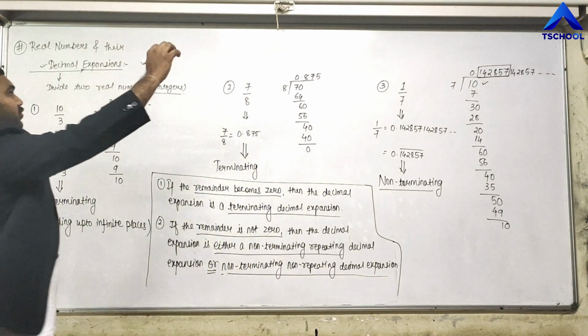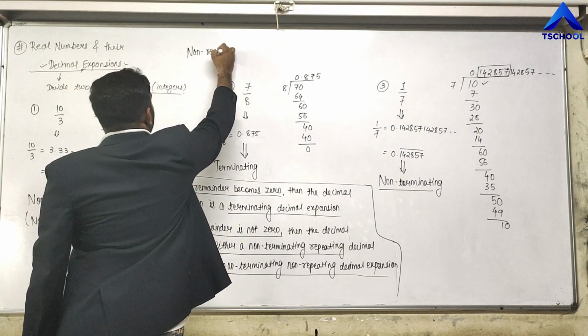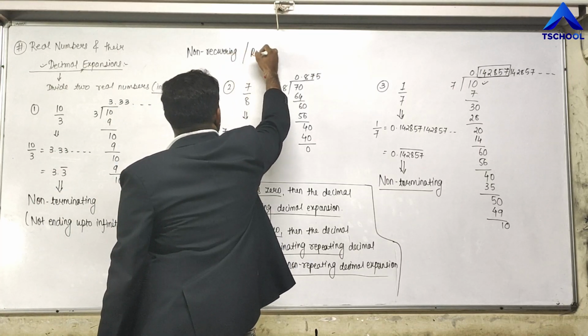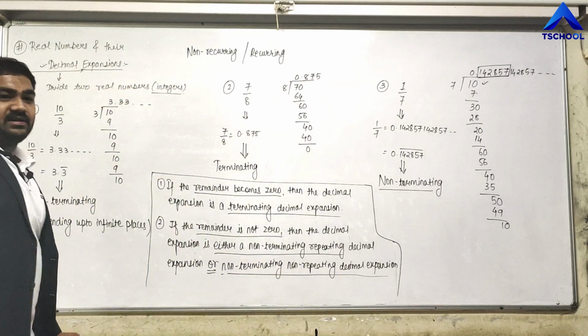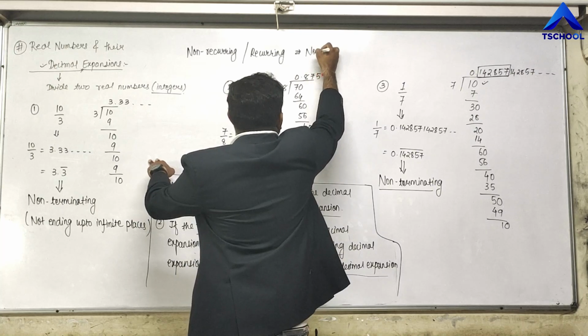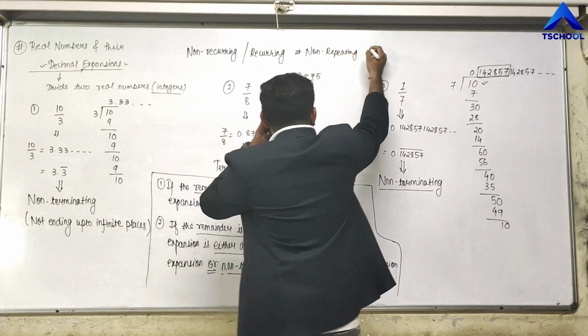Now you might come across a word in the textbook, non-recurring or recurring. Non-recurring or recurring simply means non-repeating or repeating.